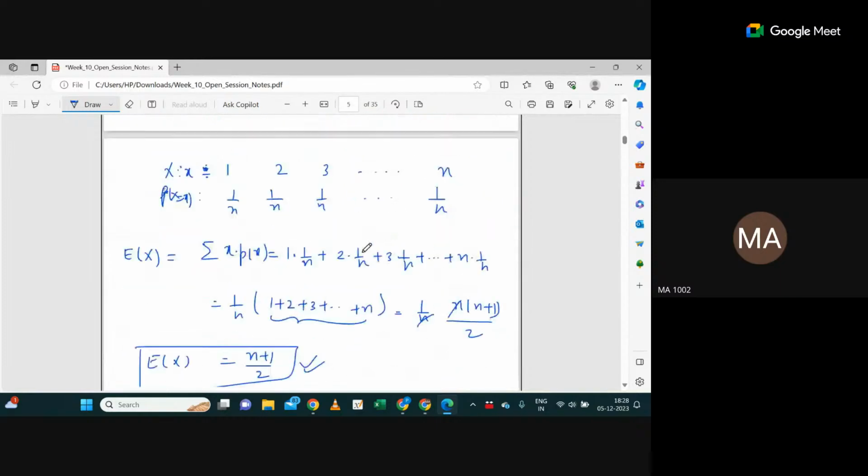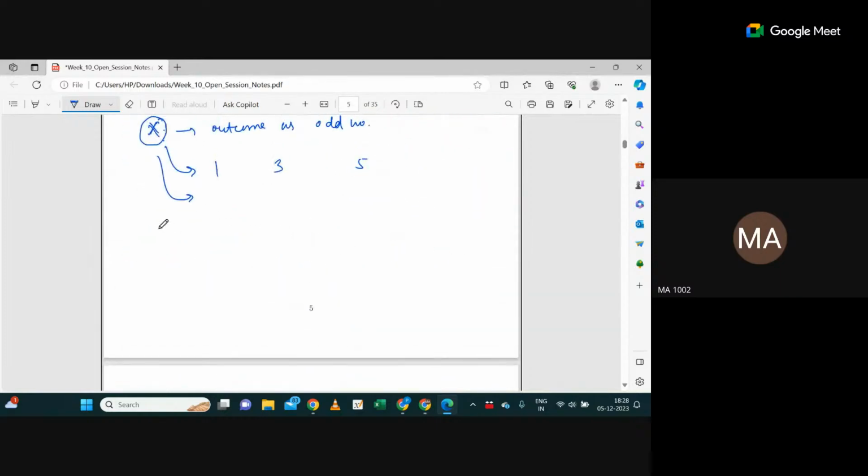Let's say, for example, in this die case, it can be anything. I can define x as the even number, or as numbers greater than 2, or as the sum when I'm rolling the die 2 times. Suppose this is my experiment. I can represent x anyhow.